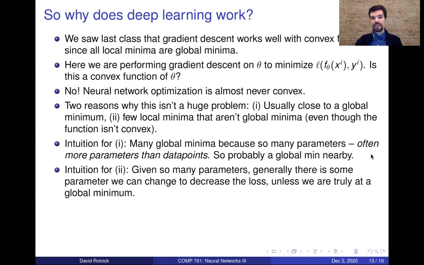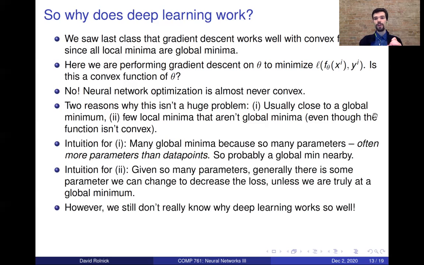The intuition for the second is that given that you have so many parameters, generally there's some parameter you can change to decrease the loss, unless you're truly at a global minimum. There's a formal way to think about this as eigenvalues of the Hessian, but I'm not going to go into that. However, we still don't really know why deep learning works so well. Questions?